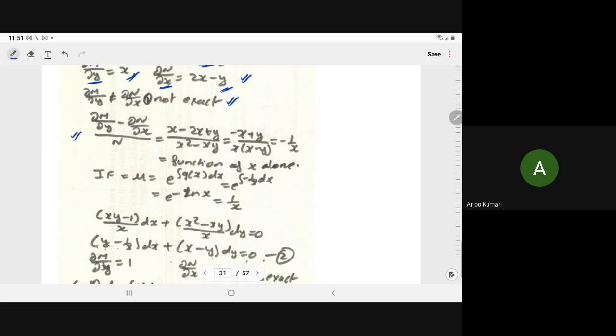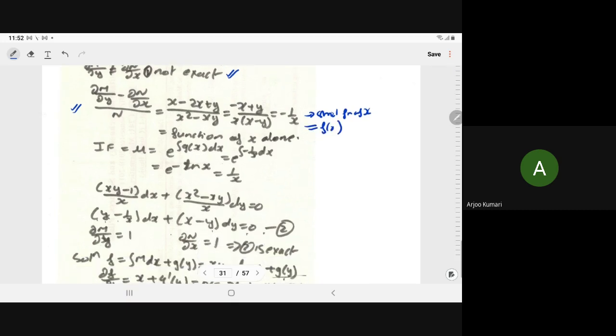It will give you minus 1 upon x, a strict function of x. Let's say it is f(x). So when it is f(x), the integrating factor mu will be e to power integral f(x) dx.